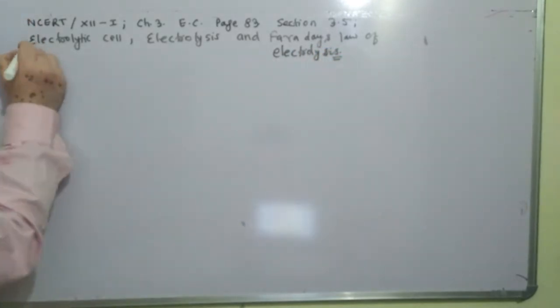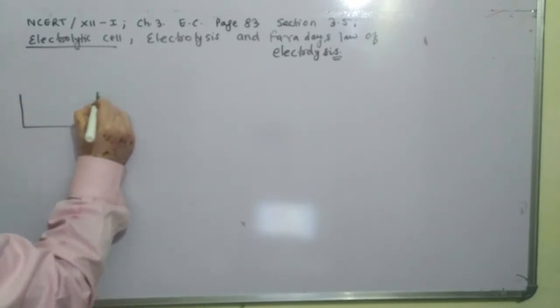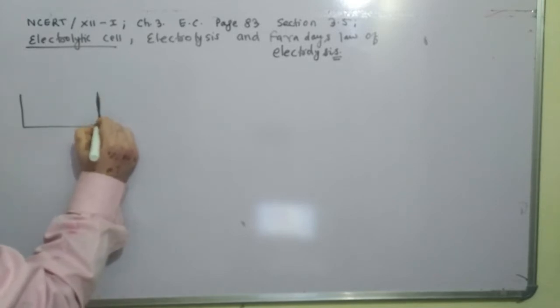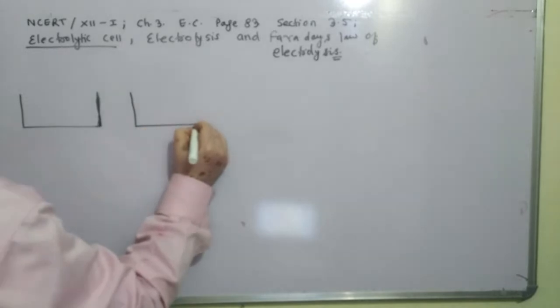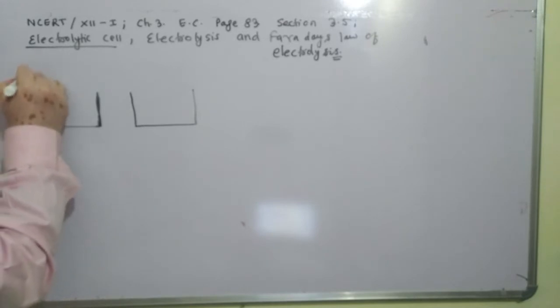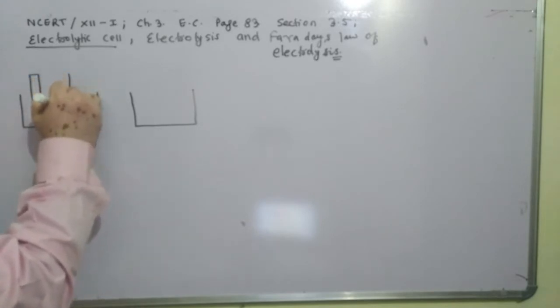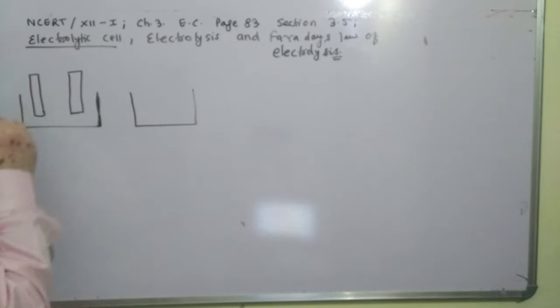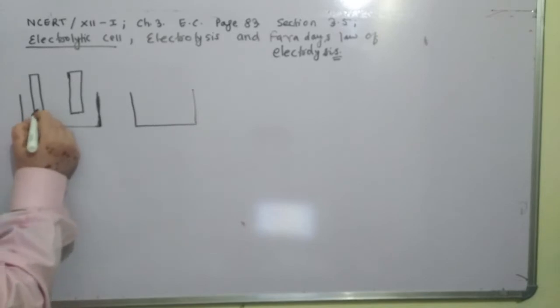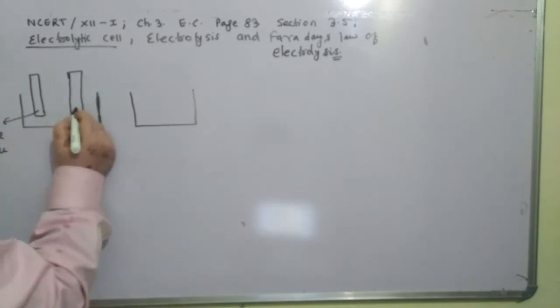To understand this, let me draw two electrolytic cells. Let this be one cell, let this be another cell. Here an impure copper rod is taken, and this is a pure copper rod.